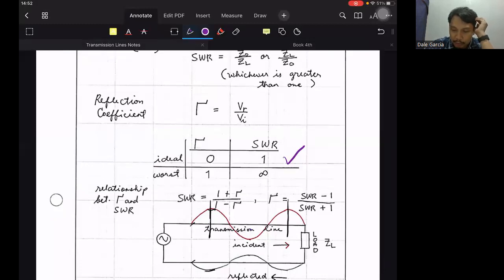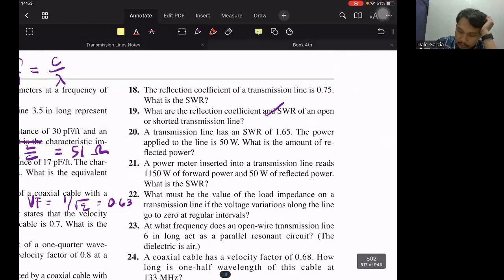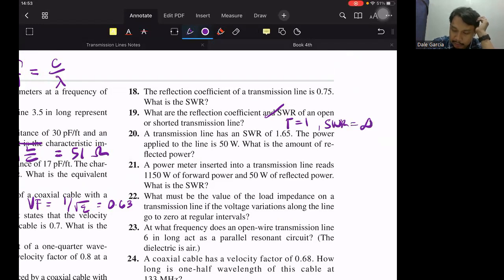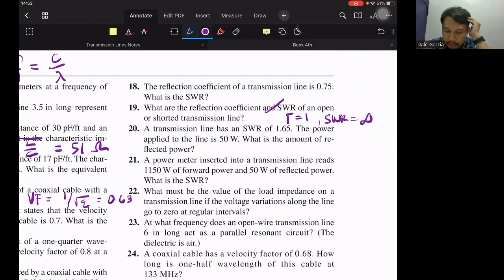Yung mga worst case scenarios, one ang open and short. No? So, reflection coefficient is 1. And SWR is infinity. One ang mga worst case scenarios.